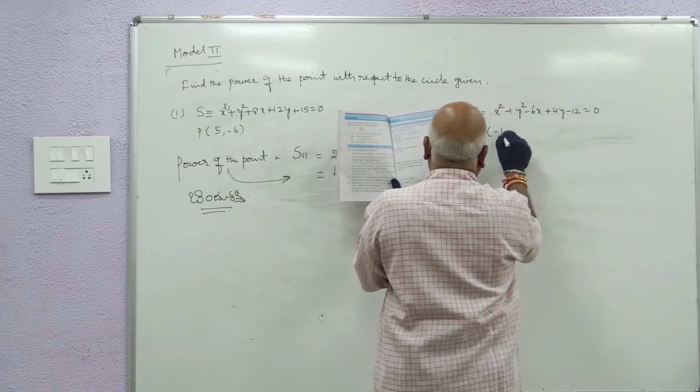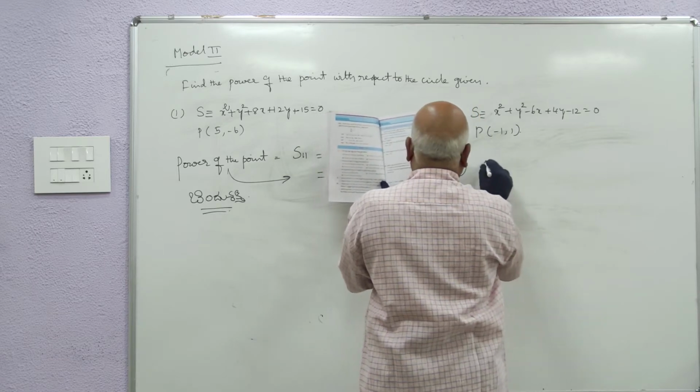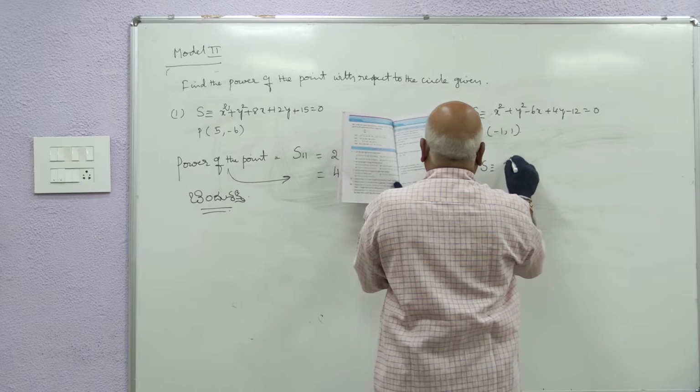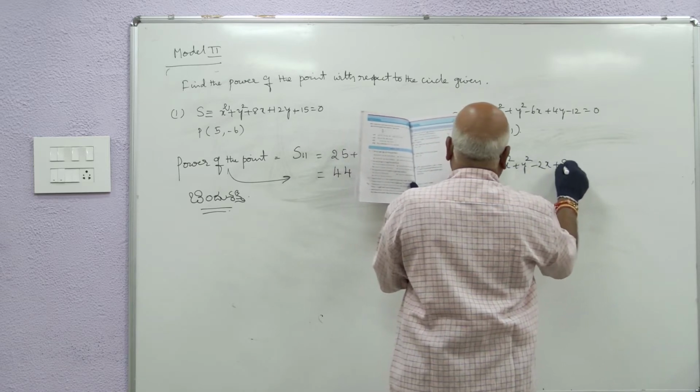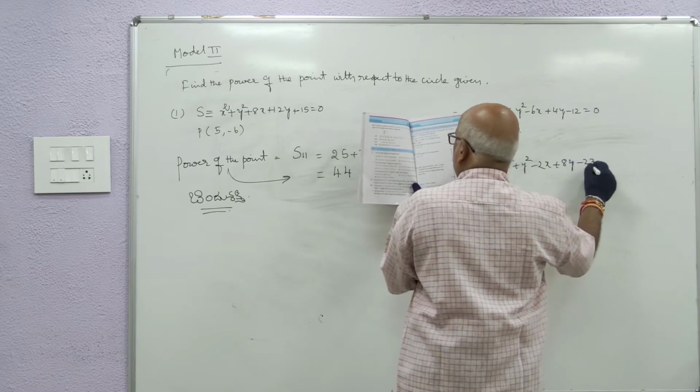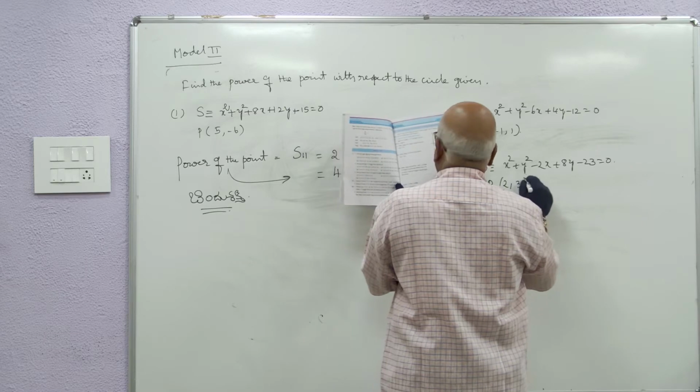Point is minus 1, 1. Second one, S equal to x square plus y square minus 2x plus 8y minus 23 equal to 0. Point is 2 comma 3.